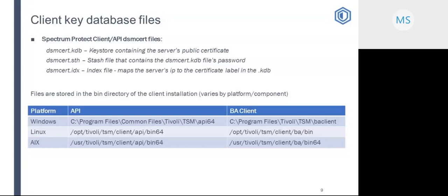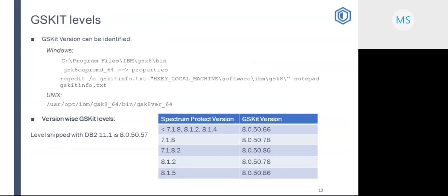Next, I'm moving to slide 10. This slide talks about GSKit and its usage. IBM Global Security Kit provides libraries and utilities for SSL and TLS communications. When you use Spectrum Protect products or other IBM products, it is recommended to use the same GSKit version to avoid compatibility issues.